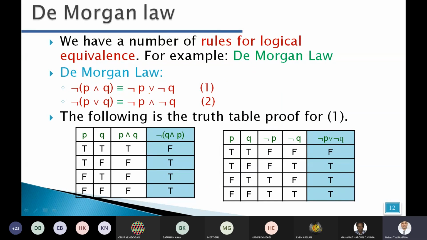To prove this law, we need to get the truth table for this part and this part. If we have the same result, then they are logically equivalent. So let's check the first part, not P and Q.